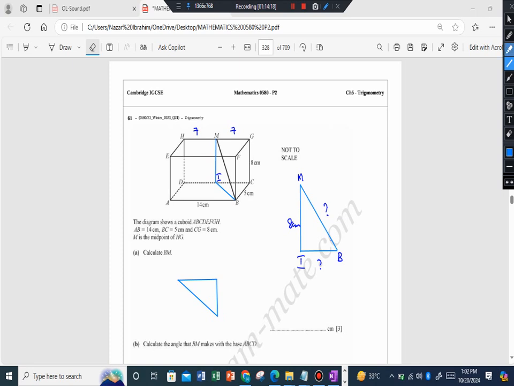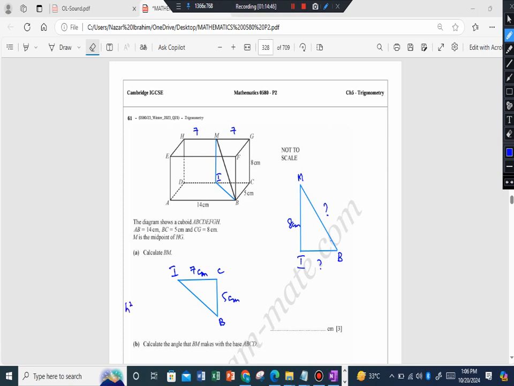So in BIC, this is C, this is B, and this is I. IC will be 7 centimeter because it is just half of BC, and BC is 5 centimeter. So I can calculate BI by using the Pythagoras theorem.